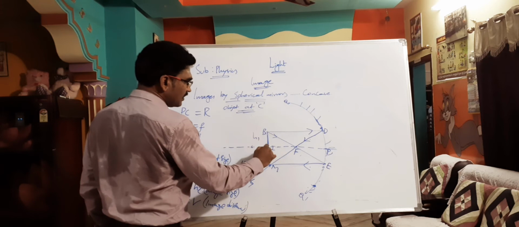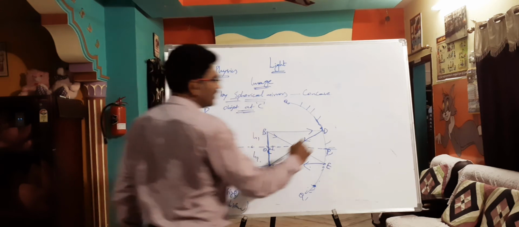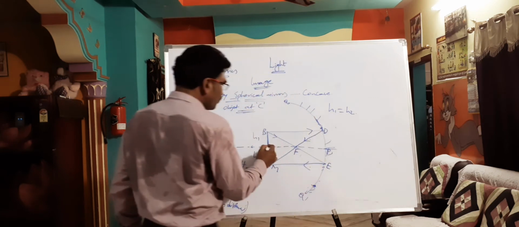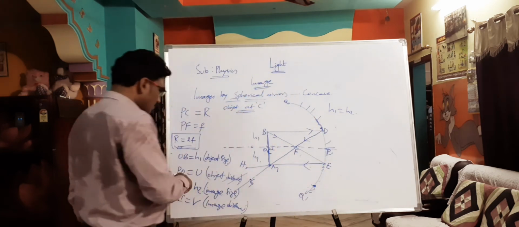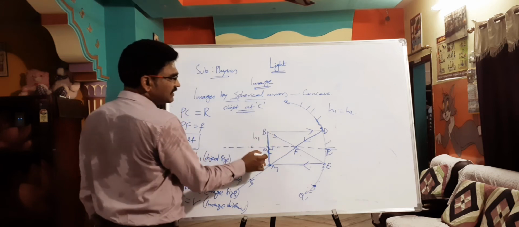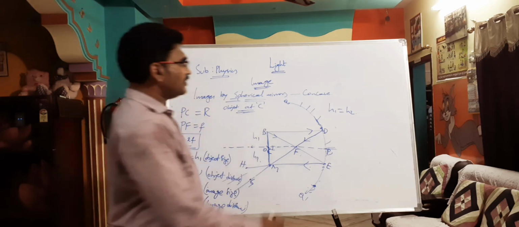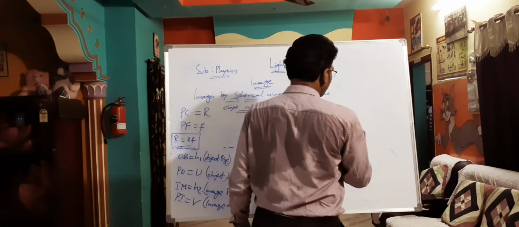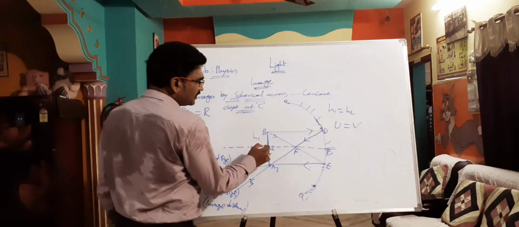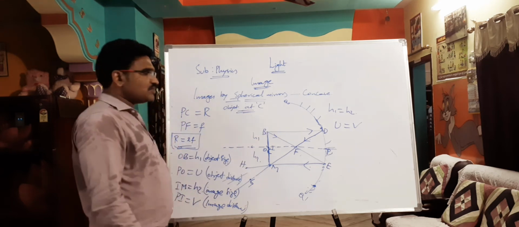This is H1 and this is H2. Here H1 is equal to H2. PO is object distance and PI is image distance. So where the object is, there only the image is formed. Here U equal to V.